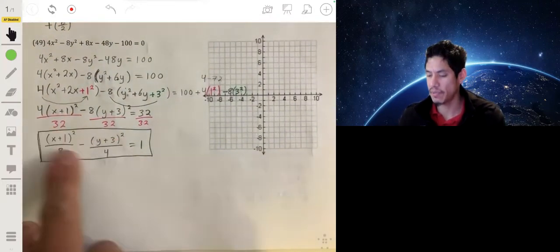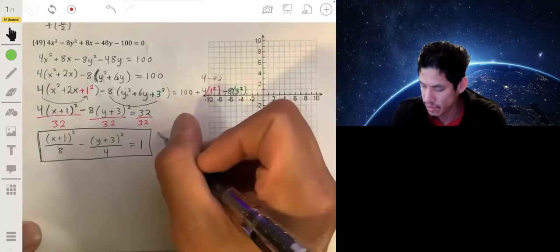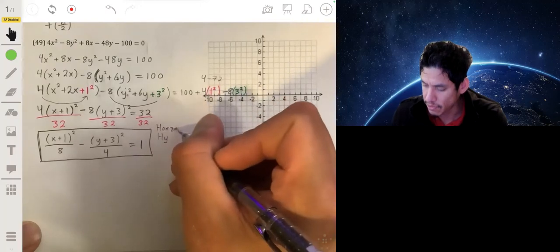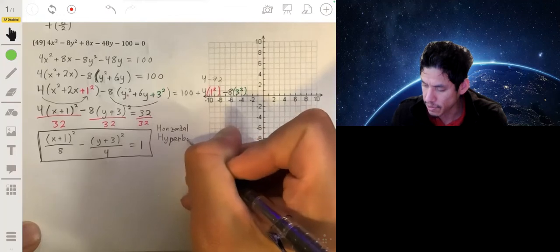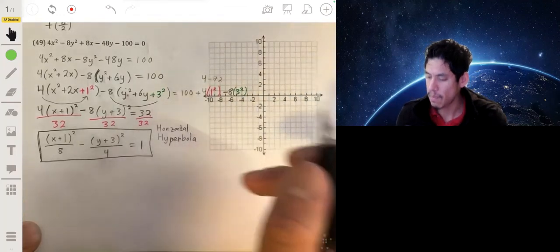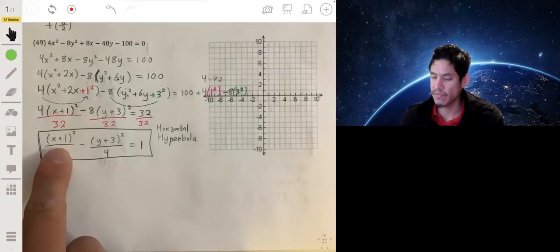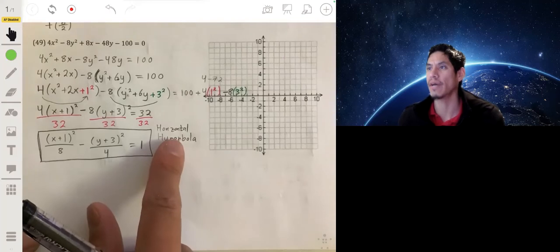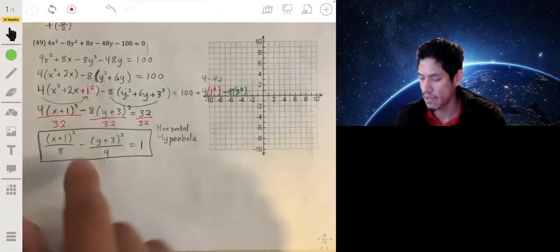Now here we can see we have a horizontal hyperbola. The x terms came first, followed by the y terms, and this is minus, so that's usually how I go about figuring out if it's a hyperbola and if it's horizontal, since x came first.